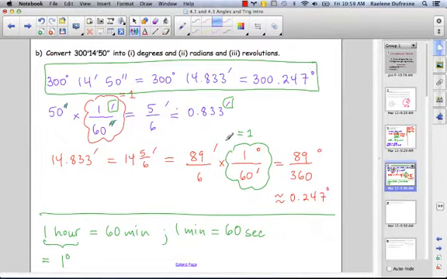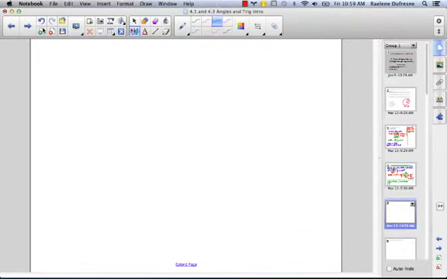Now if we wanted to convert from degrees into radians, we need to know what the conversion factor is from degrees to radians. Well, let's look at degrees, radians, and revolutions of a whole circle all together. We know that for 1 circle, or 1 revolution, the total number of degrees is 360. And once we spend some more time with the make a radian activity, we will see that 1 revolution also contains 2 pi number of radians.